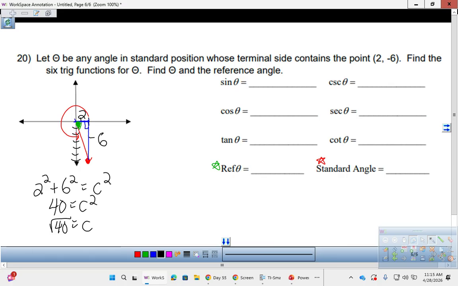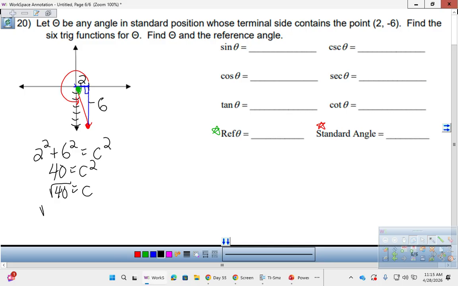So root 4 root 10, or 2 root 10. Yep, I said 10 and I wrote 6. All right, so the hypotenuse is 2 root 10.